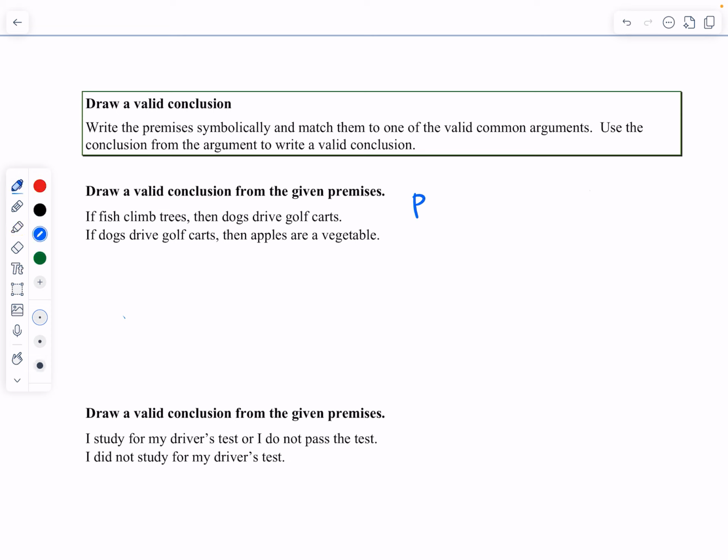So P is going to be fish climb trees. Q is going to be dogs drive golf carts. And then R is apples are a vegetable.